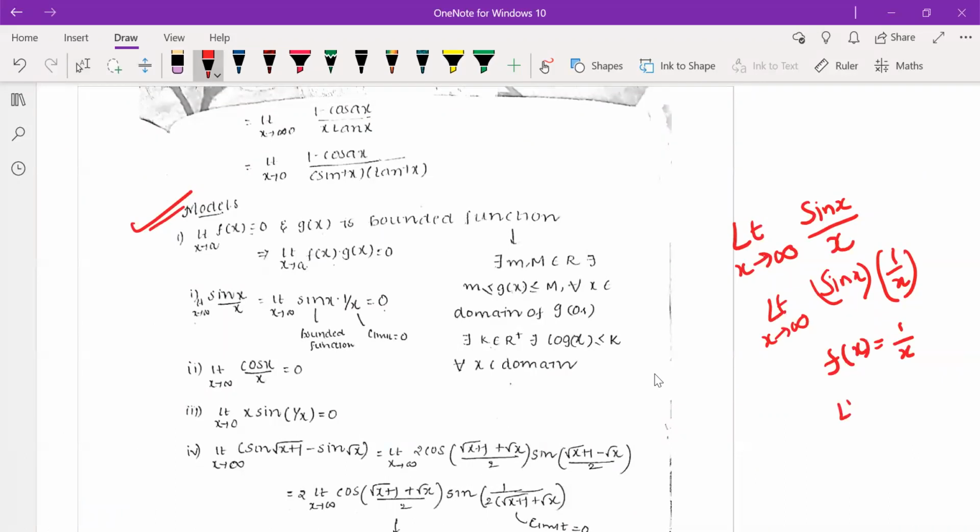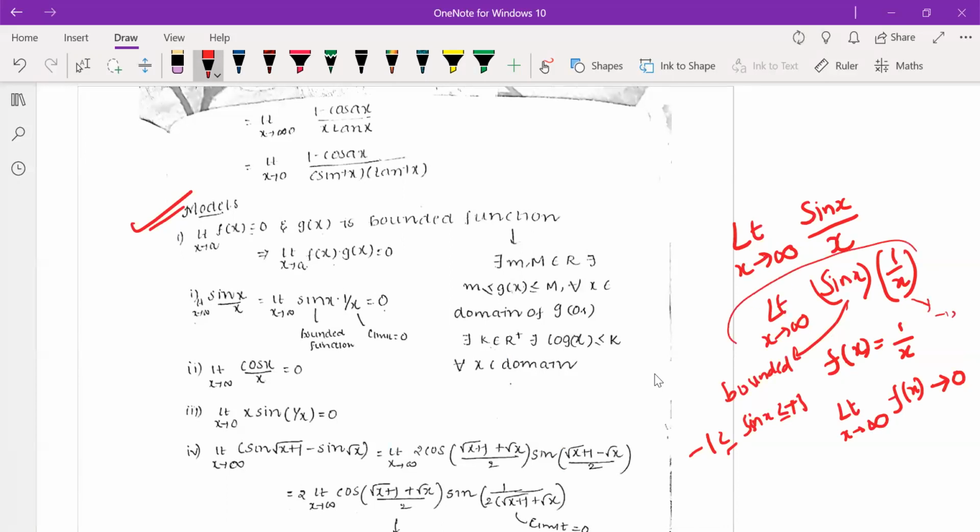When x tends to infinity, f of x tends to 0 because 1 by infinity tends to 0. And sin x is a bounded function, lying between -1 and +1. So the overall answer will be 0 according to this.